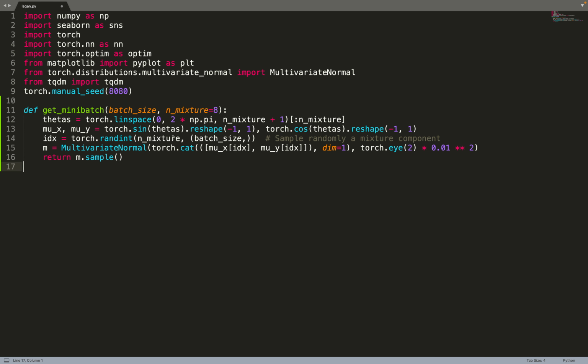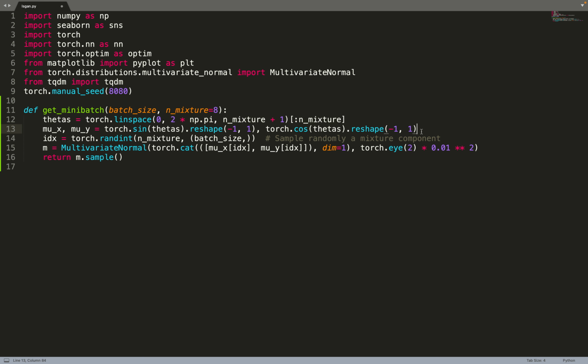Yeah, that's a good question. I will need to read the linspace documentation again. Okay, for some reason we do number of mixtures plus 1, to make sure that it's circular, I think. Yeah, if we sample only 8 mixtures... Okay, that's a good question. I will need to double check that, but anyway, let's move on.